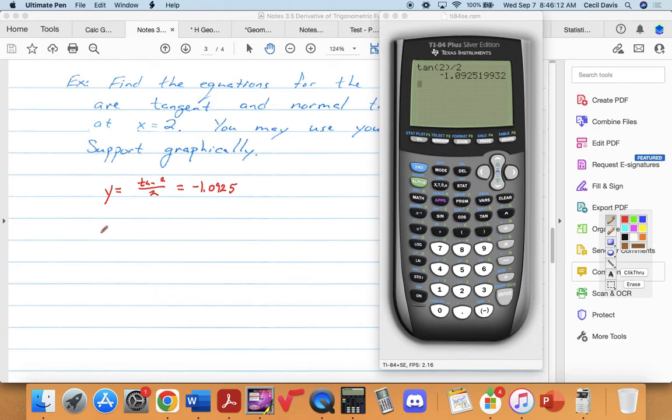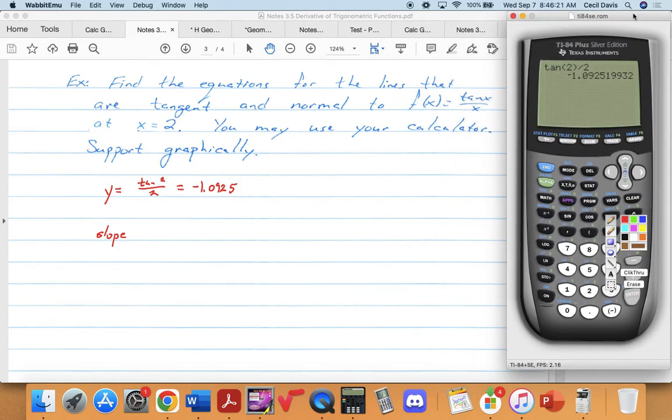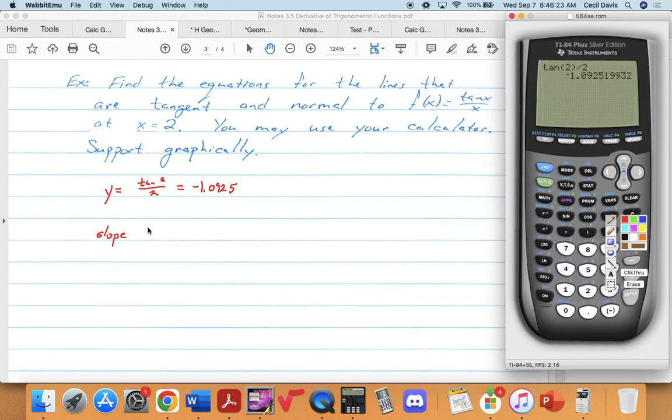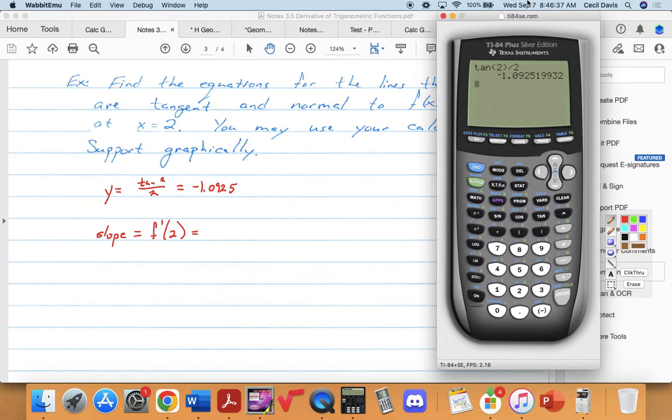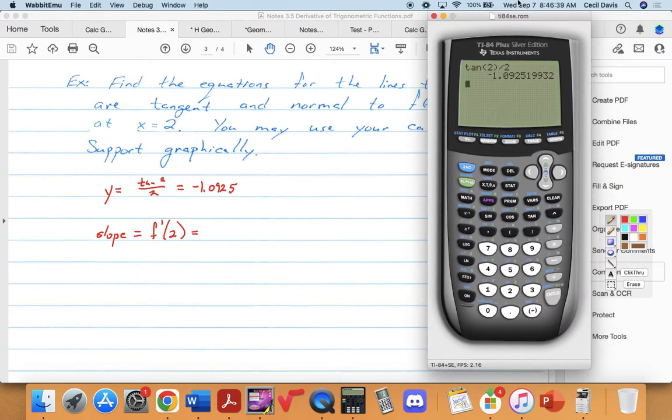Now I need the slope. So the slope, well, that's just going to be the derivative evaluated at 2, right? So that's going to be f prime at 2. And don't forget, students tend to forget this because, frankly, book problems don't have enough of them in it. They tend to forget that you can do this with your calculator.